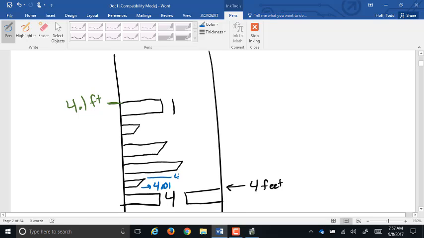This here is 4.02. 4.03. Top of the line is 4.04. Notice you read the bottom of the line and the top of the line as separate measurements. 4.05, 4.06, 4.07, 4.08, 4.09, and 4.10.